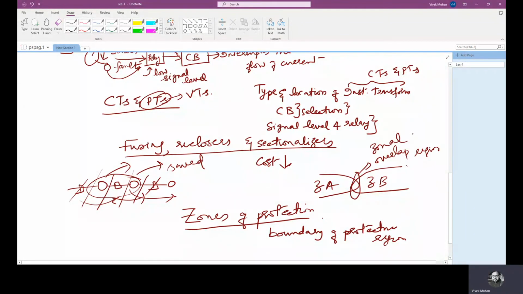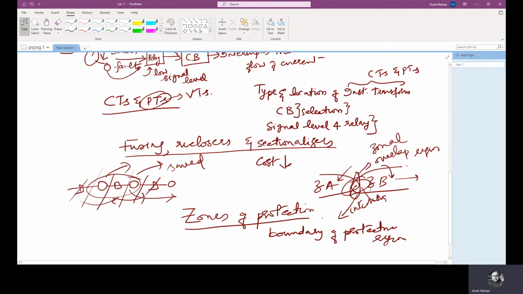If the fault is here in the overlap area, then 2 or more circuit breakers may trip, because a circuit breaker corresponding to this zone will be there and another circuit breaker with respect to the other zone will be there. So both may trip at the same time. It may happen. We'll see the advantages and disadvantages of zonal divisions and zonal intersections. However, this zonal intersectional area is relatively small, and hence the probability of a fault in this area is also less.